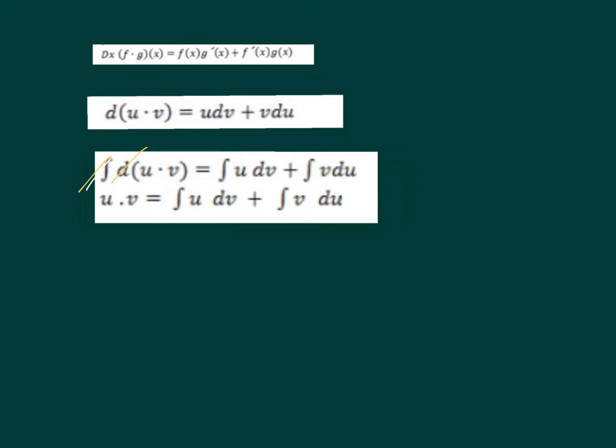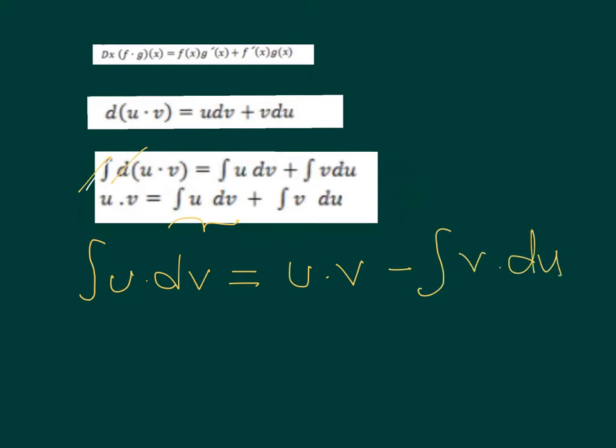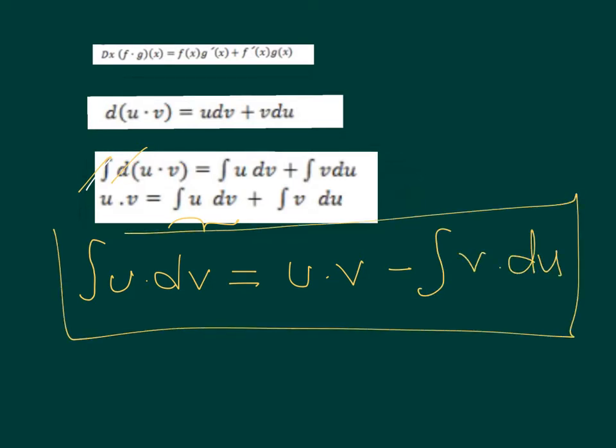And the only thing missing is that we want to solve for this term. So we will have the integral of u times dv equals u times v minus the integral of v times du. And this, guys, is the formula for integration by parts.